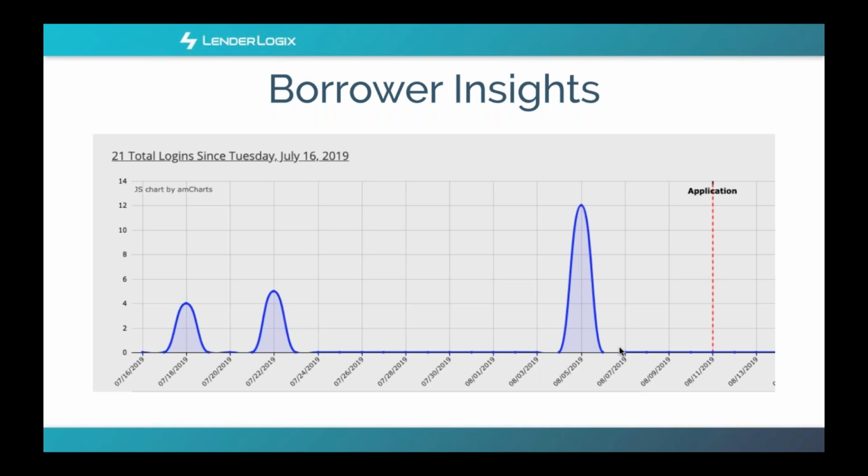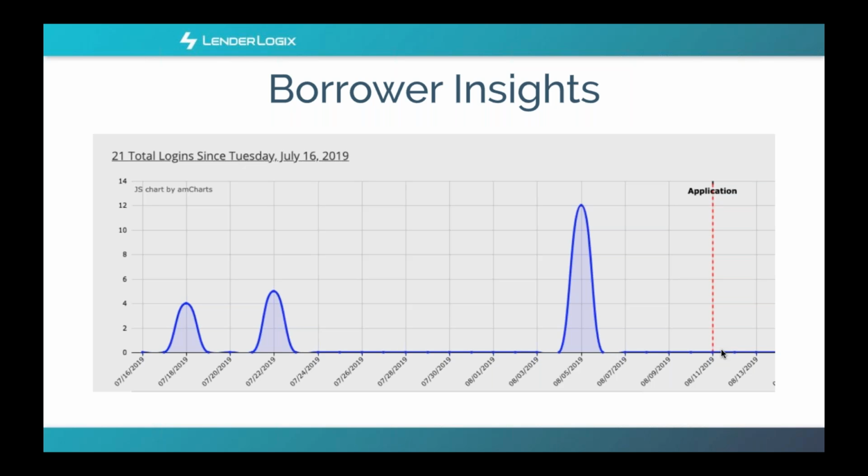If we look ahead to that red dotted line, we know that the borrower applied for a mortgage with Premium on the 11th. It's fairly obvious that on the 5th, they were negotiating a sale price. You could see that they hadn't found any houses, and then out of the blue comes a tremendous amount of activity.